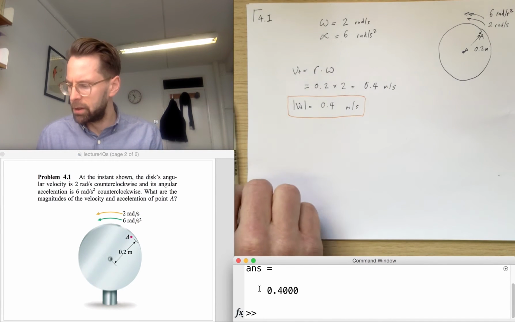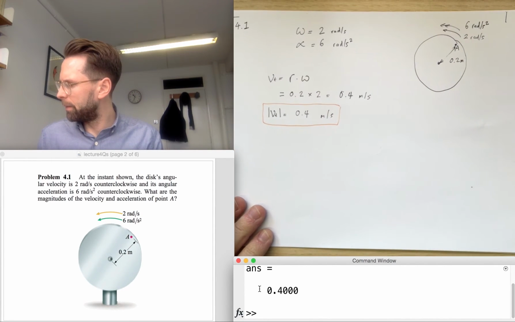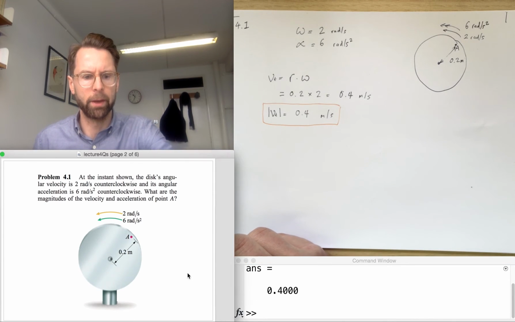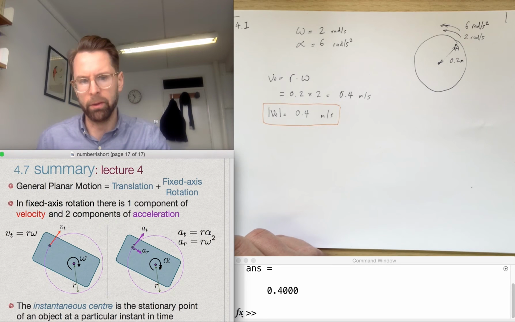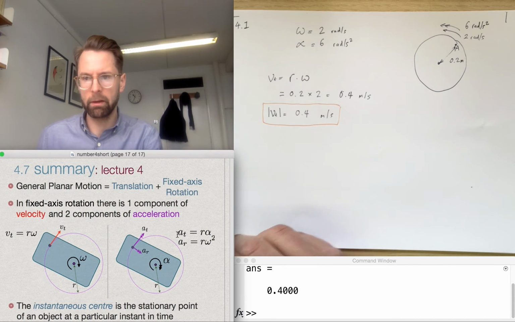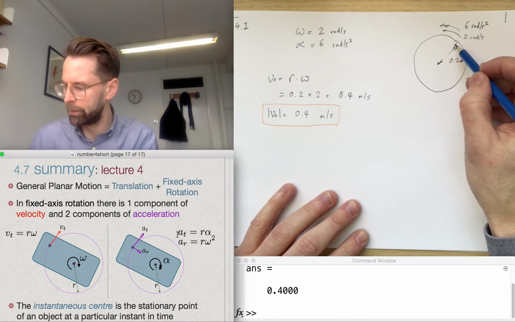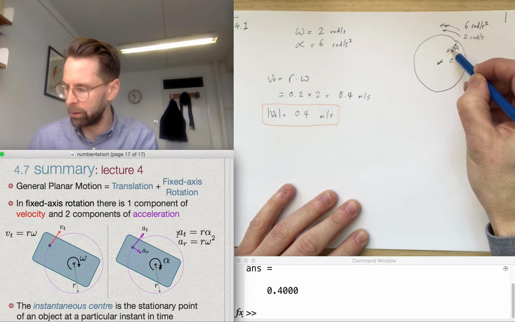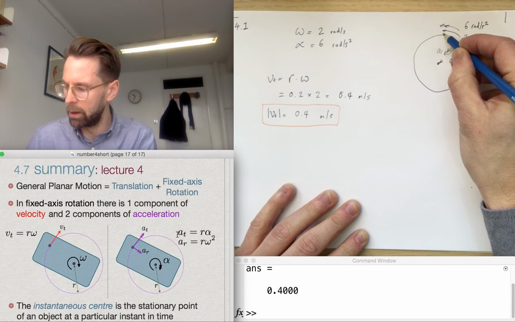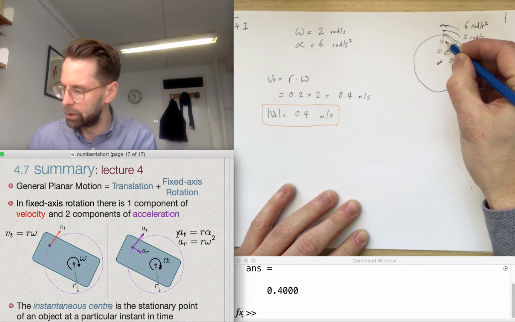Now the acceleration is different because if you go back to the summary lecture slide, you've got two components, a centripetal component, a sub r, and a tangential component, which is a sub t, and these have these magnitudes. So let's start with the centripetal component, which is a sub r, and then in a minute we'll do the tangential component.